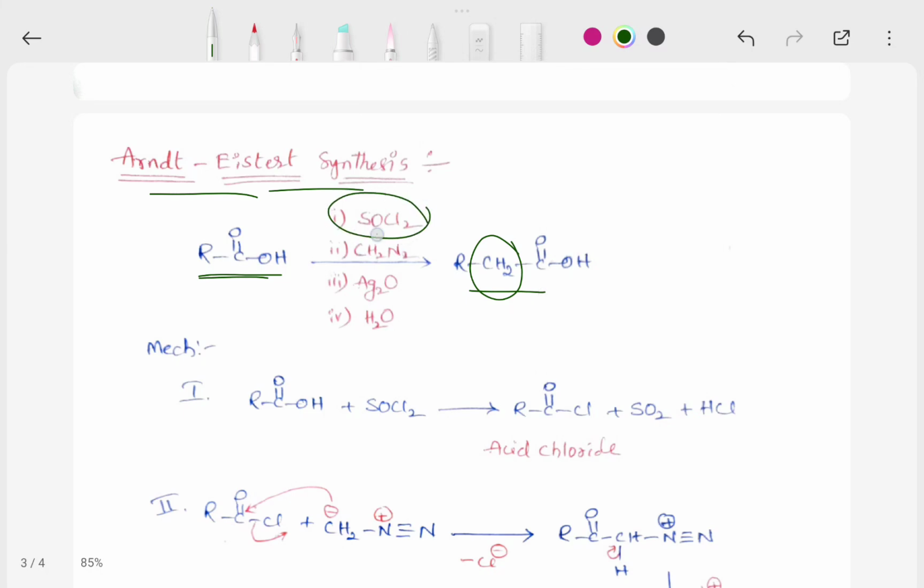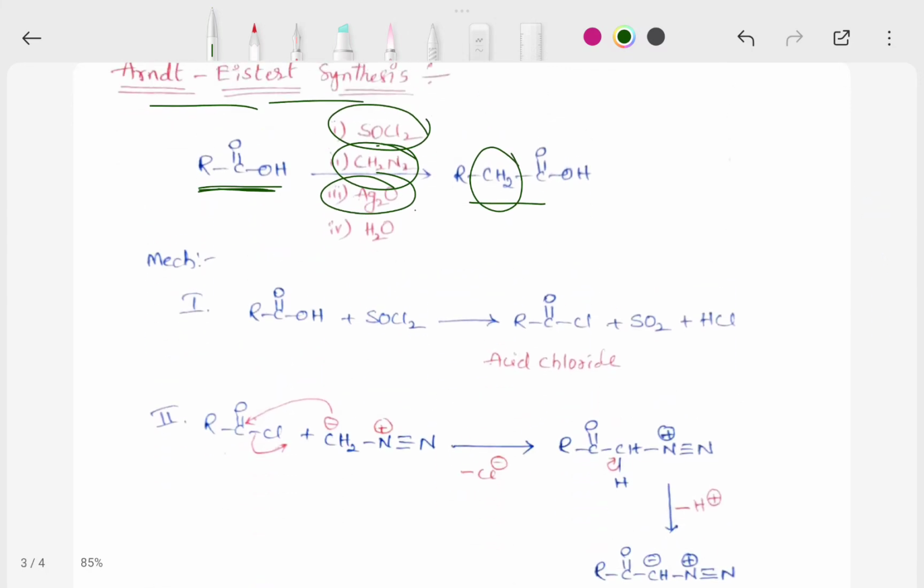This acid chloride reacts with diazomethane and gives diazoketone. This diazoketone on reaction with silver oxide in the presence of water gives a carboxylic acid with one carbon higher than the starting one. This is known as Arndt-Eistert synthesis.